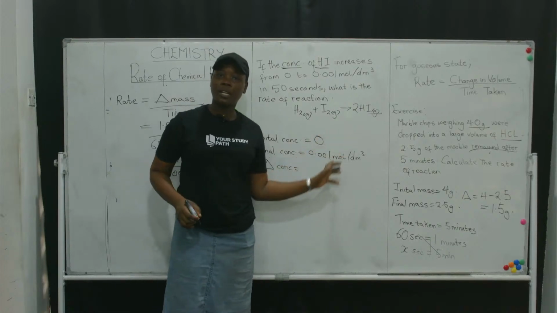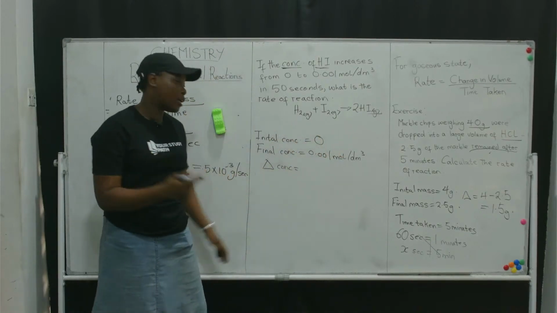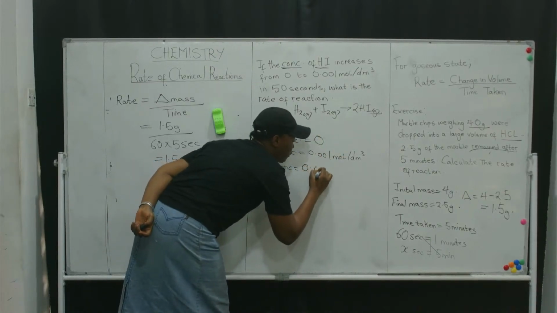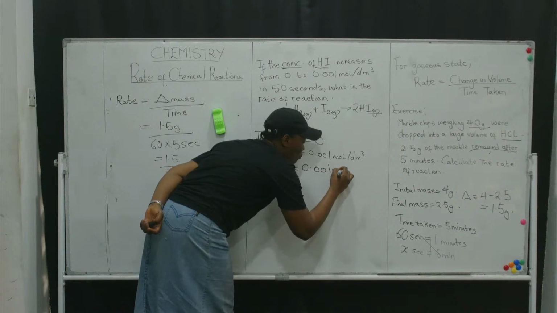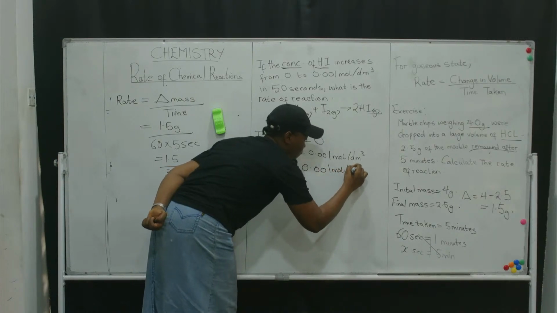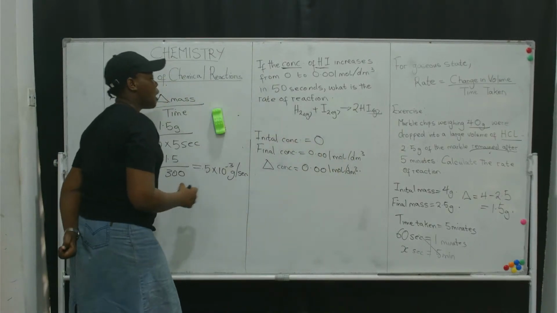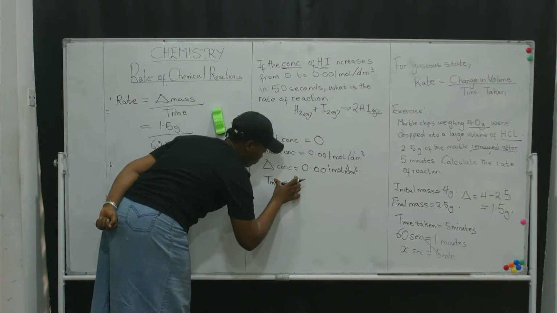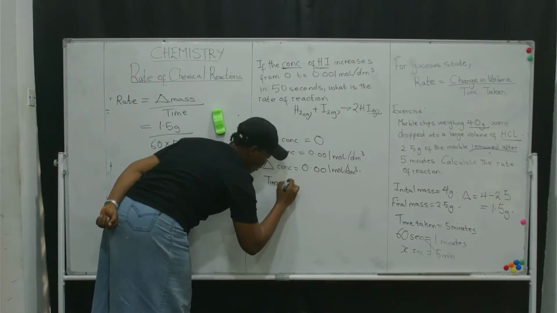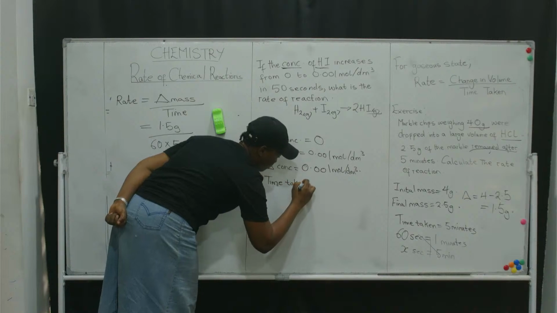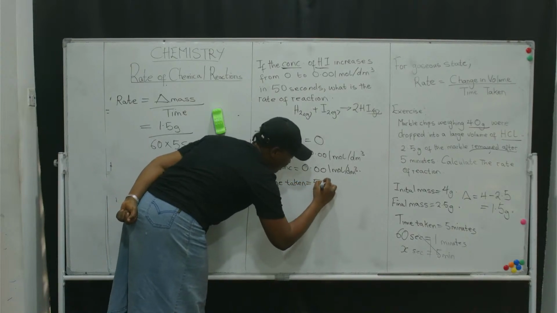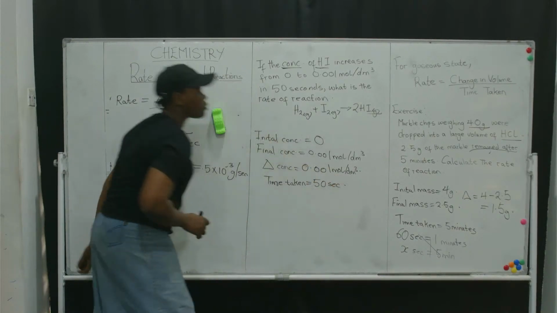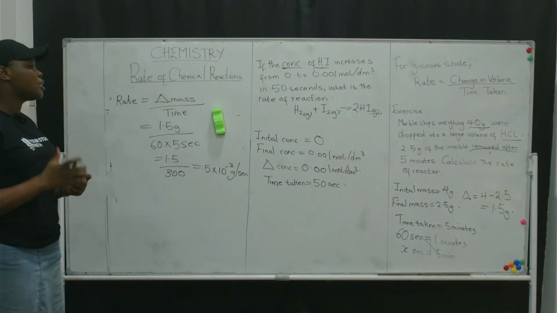This minus 0. Anything minus 0 will give you that value. So our difference will be 0.001 mole per dm cube. And our time taken is 50 seconds.